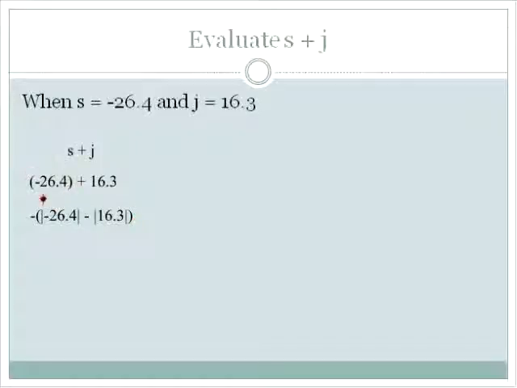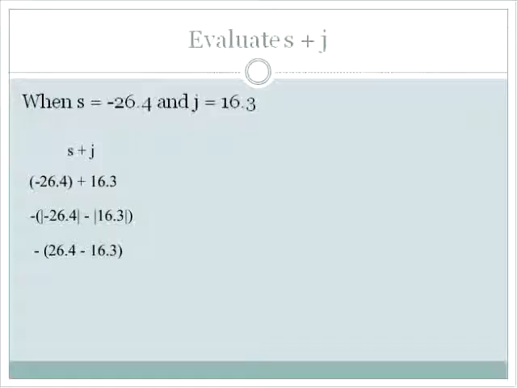We take the larger absolute value, and we subtract the absolute value of the smaller of the two, which is 16.3, smaller than 26, and the overall result will end up being negative because the larger of the two is negative. So 26.4 minus 16.3.